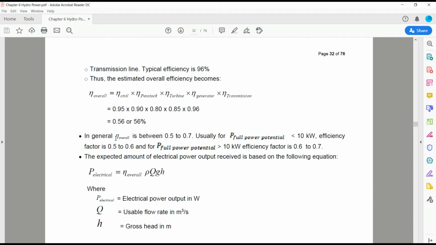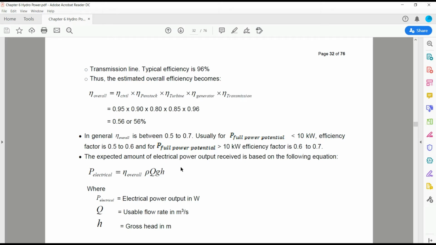In general, overall efficiency of a micro hydro system is between 0.5 to 0.7. Usually for a system with full power potential less than 10 kilowatt, the efficiency factor is about 0.5 to 0.6. But for a system of more than 10 kilowatt, the efficiency factor is 0.6 to 0.7.